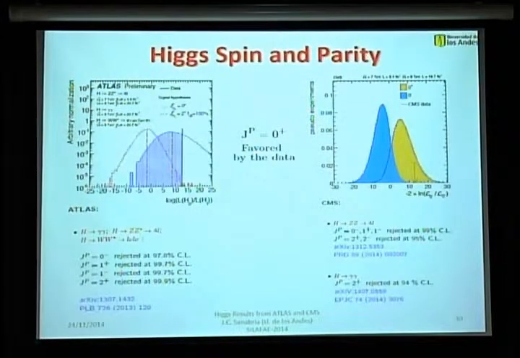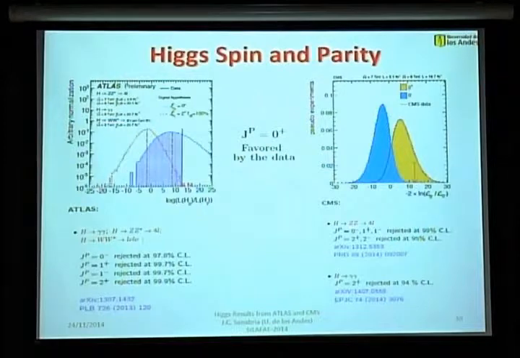As it turned out, and you already know, spin equals 0 and parity equals plus, which means a scalar state, was highly favored. The other possibilities taken into account by ATLAS, for example, looking at Higgs going to gamma gamma, or Higgs going to ZZ or WW, pseudoscalar, vector boson, and graviton-like states, were rejected at very high confidence levels.